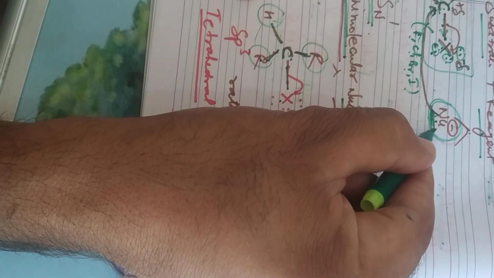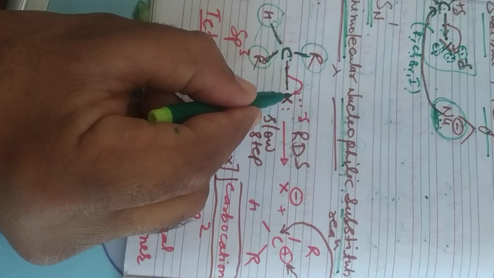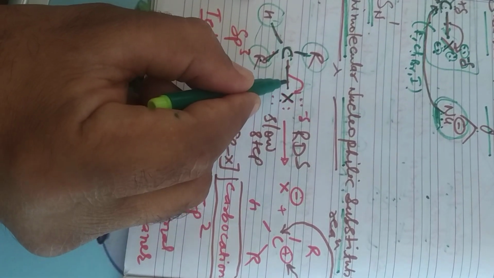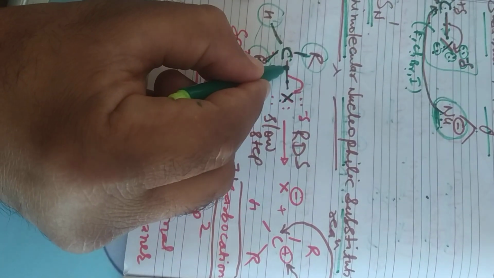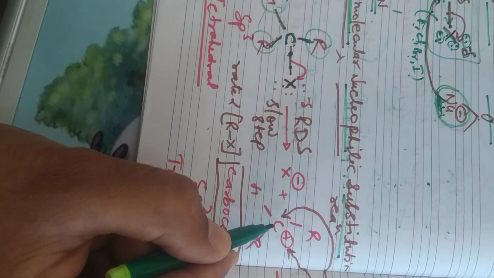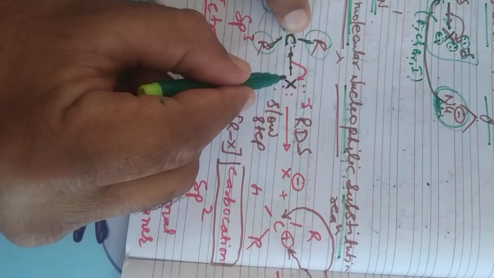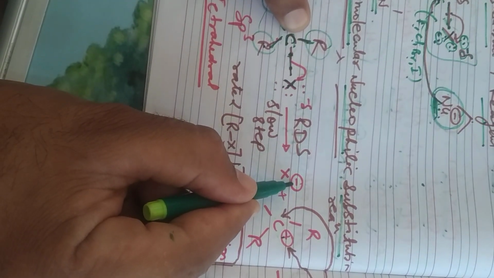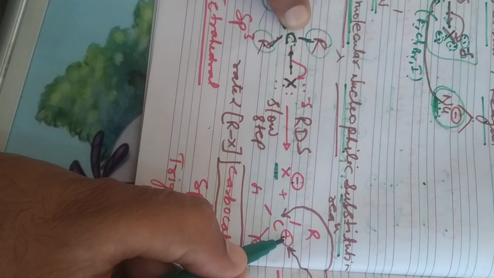Now this halogen atom is more electronegative, so it will withdraw these two electrons and break in this form, and carbon will get a positive charge and X will get a negative charge. So X minus is formed and C plus is formed.